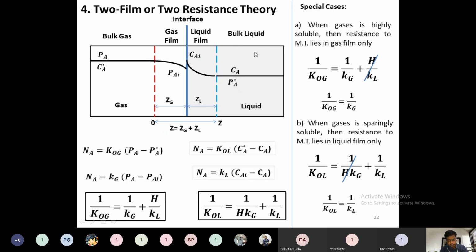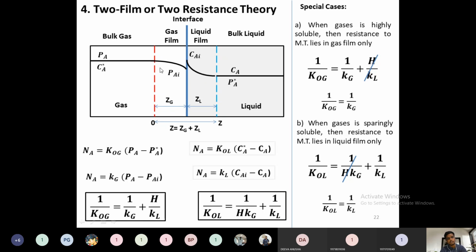In the liquid region, according to film theory, one film will be formed, whose thickness in the single film theory is indicated as delta. Here, for convenience, we indicate the thickness of the liquid film as ZL. The thickness of the gas film on the gas phase side is ZG.